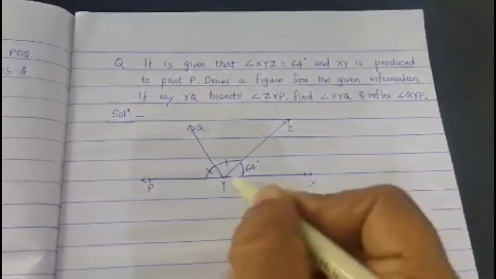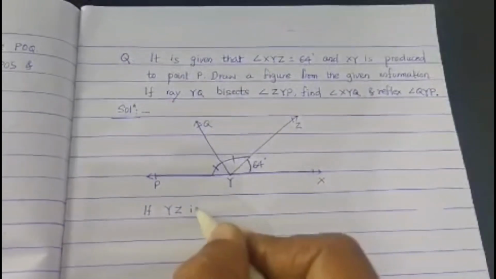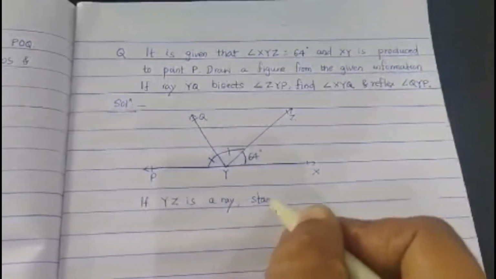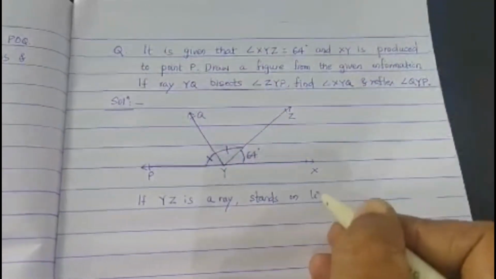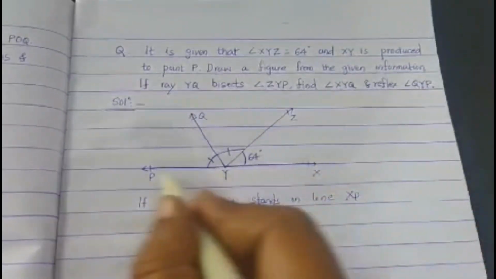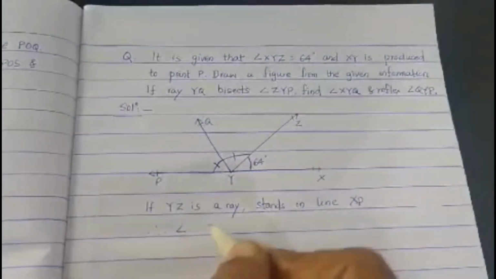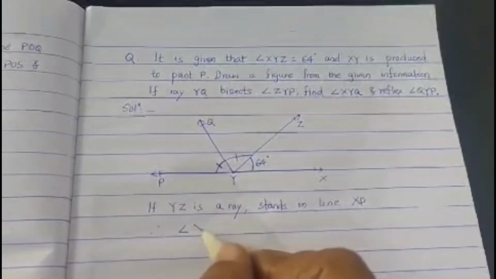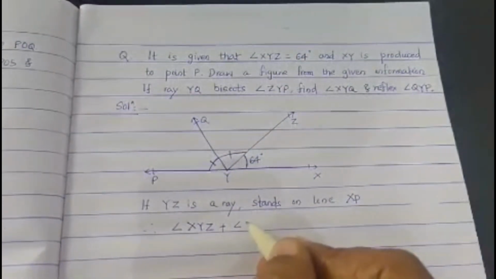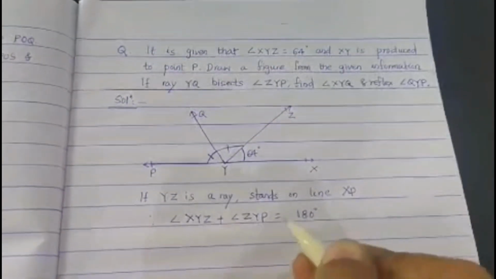So let's start it like this. If YZ is a ray standing on line XP. Let us suppose XP is a line, and this ray is standing on it. So now angle XYZ plus angle PYZ, or ZYP you can write, will be equal to 180 degree.